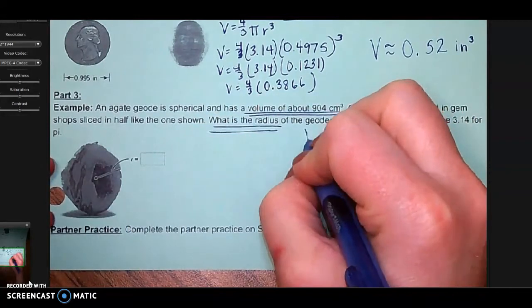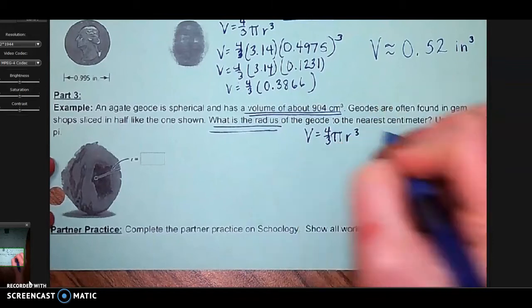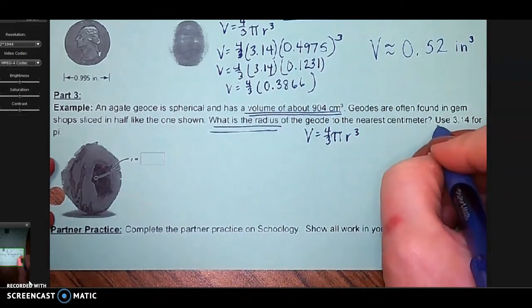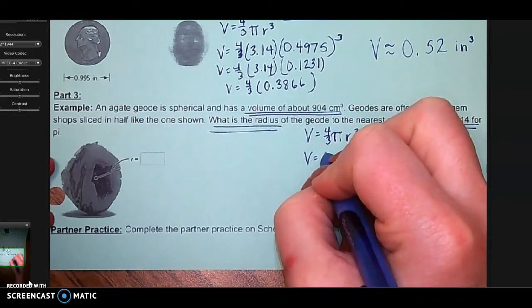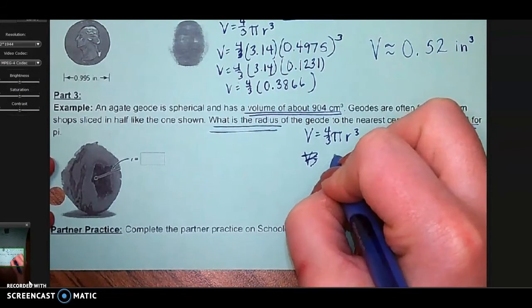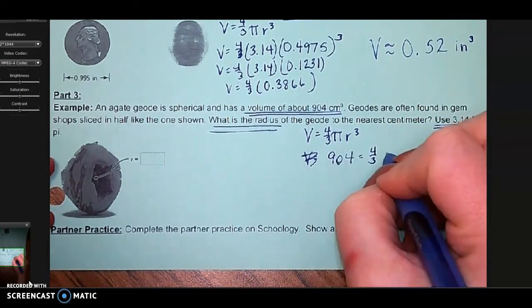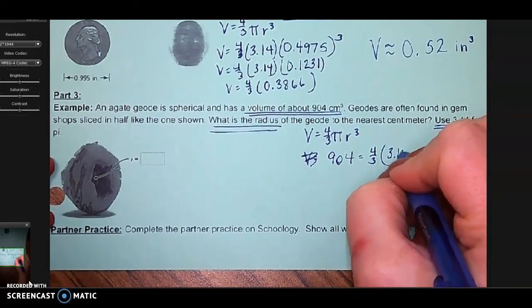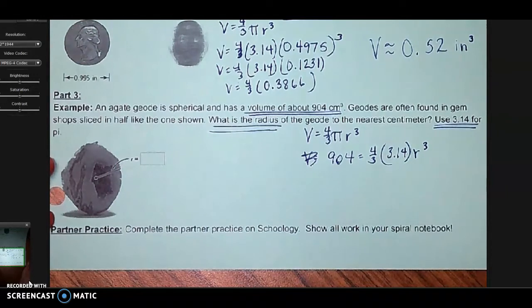So when I have my volume, and I'm using my formula to find the volume of that sphere, I am going to be able to substitute some things in. So my volume is 904. 4/3 stays the same, 3.14, but I don't know what my radius is.